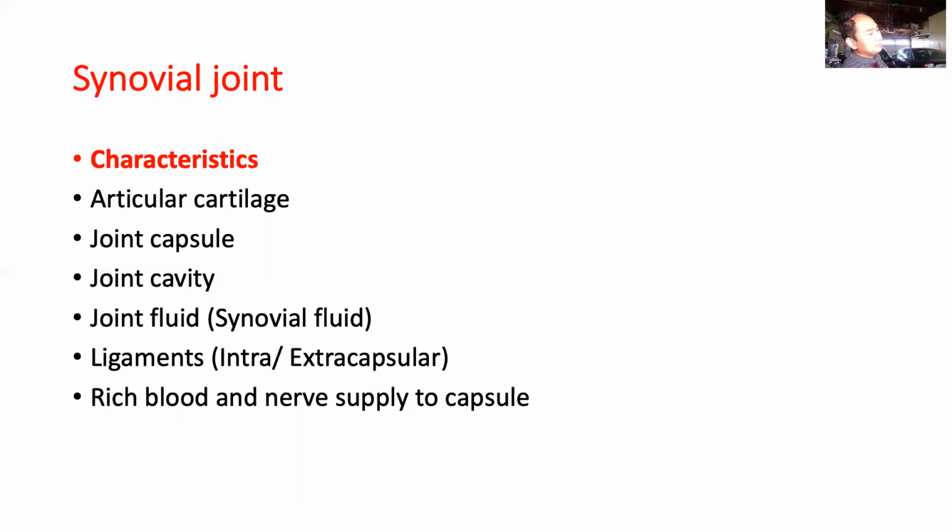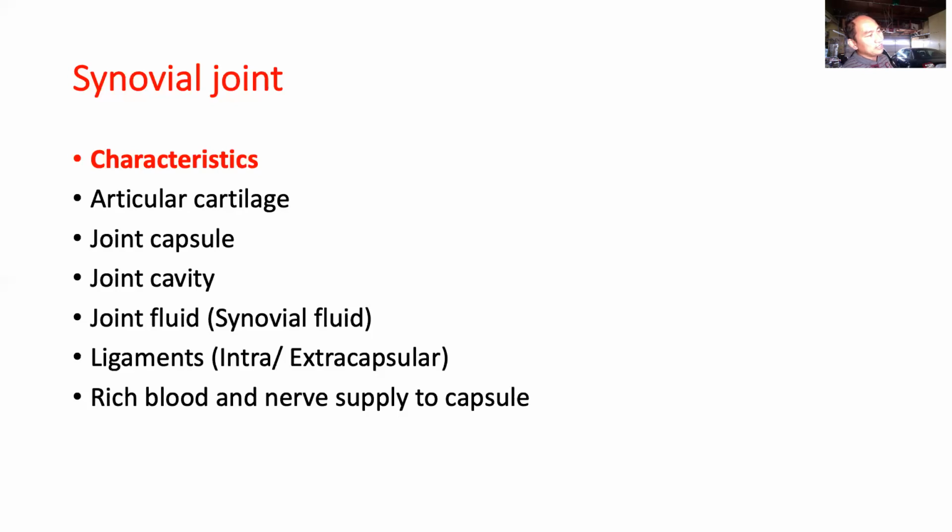Number 2, they have a joint capsule. Capsule means, let's say, just a joint lining, which is a very thick structure, and it has 2 layers.